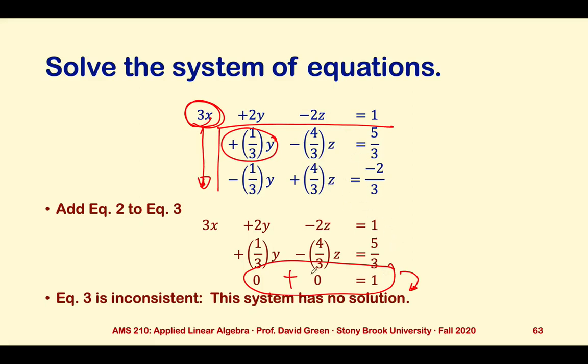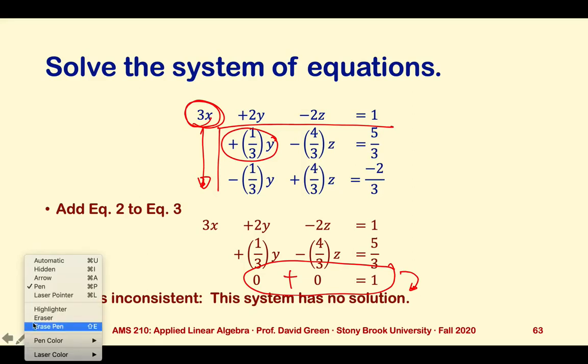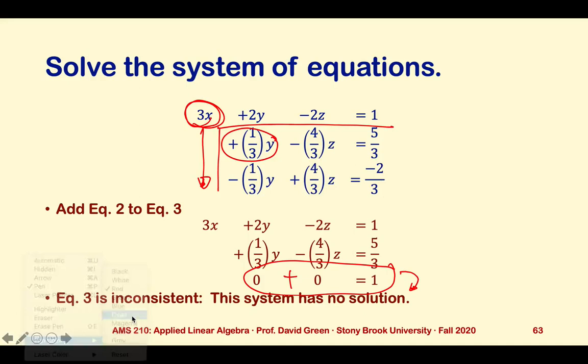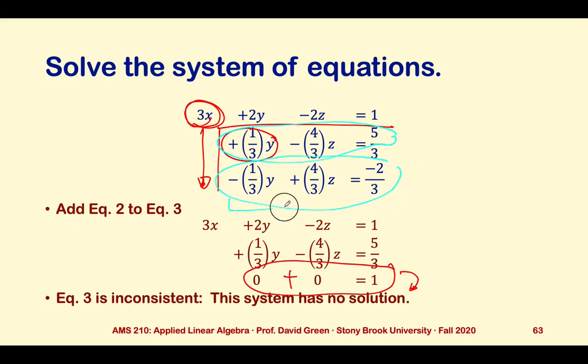We did not, in fact, have to take this last step of Gaussian elimination. In the previous step, we could have identified that this row and this row had left-hand sides that differ just by a negative sign.